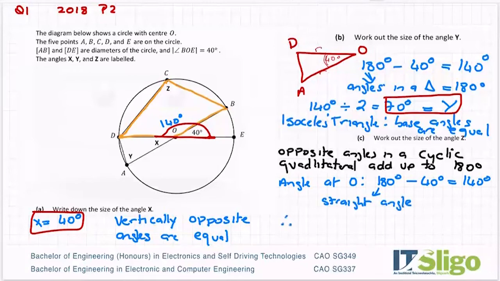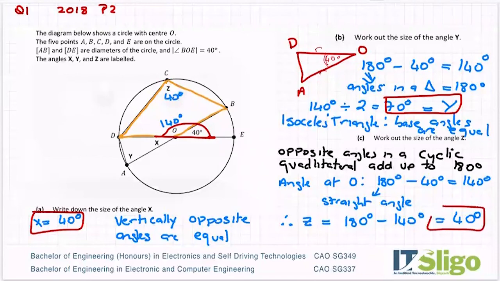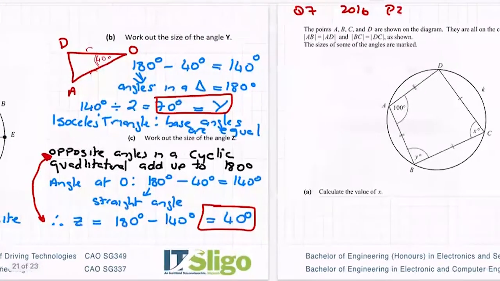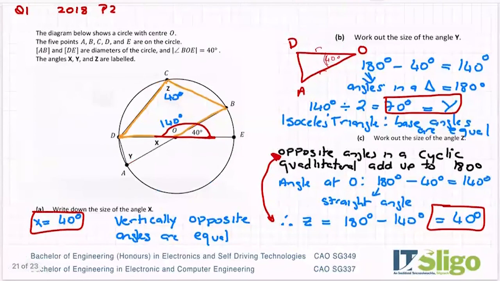Therefore, Z is equal to 180 degrees minus 140 degrees. So it's equal to 40 degrees up there at Z. And the reason for that is what I wrote in black. So a nice little question there, really tested that you knew your theorems, which is very important in the junior cycle.